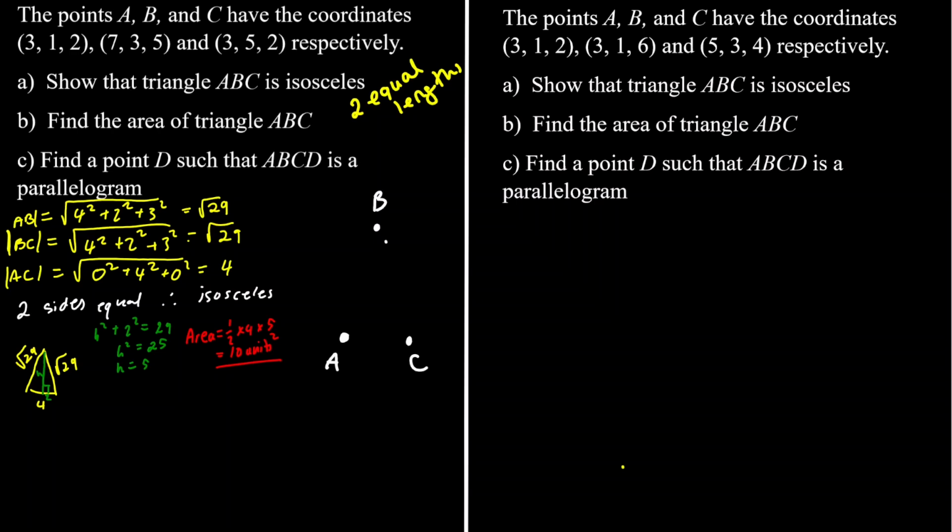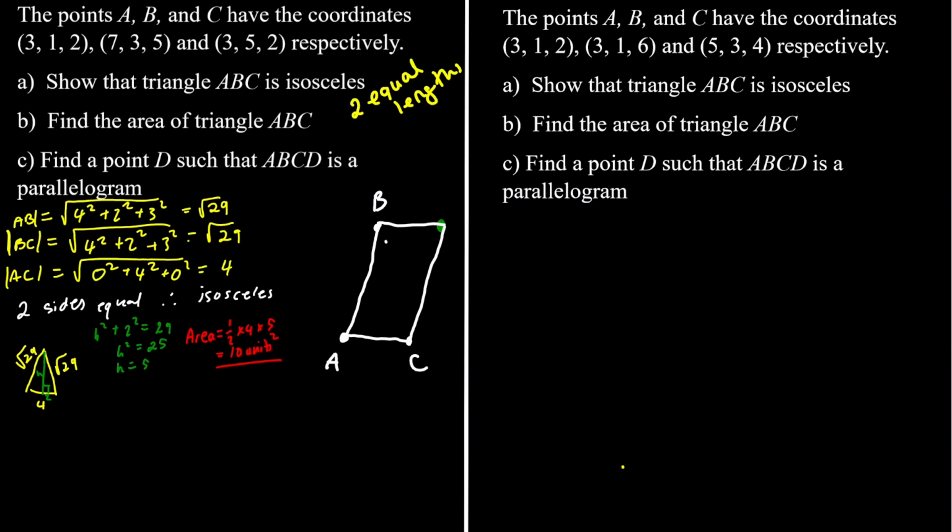We need another point that makes this into a parallelogram. So we could put a point over here. We could also put it on this side. Either one of those. So what we want to do is find the distance from A to C.